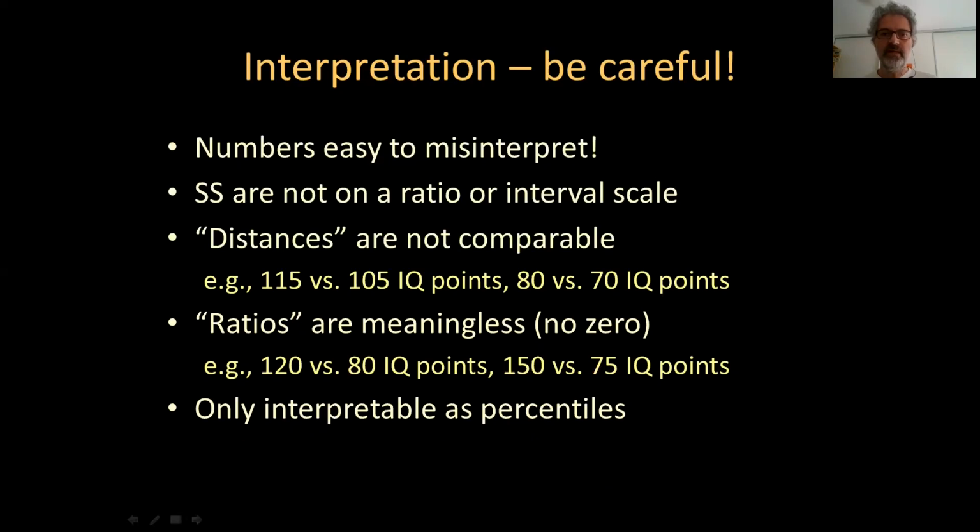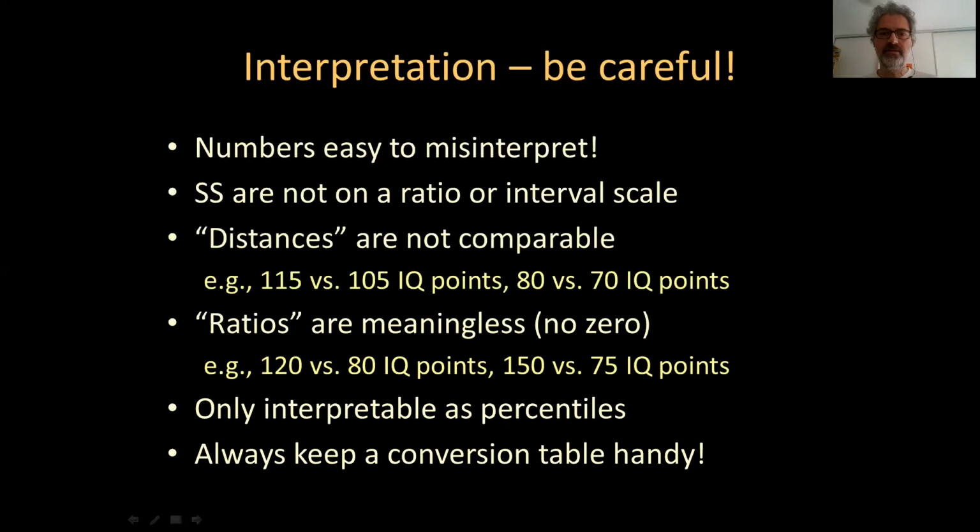The only valid interpretation of test scores is as percentiles. And that's why you always need to have a conversion table handy so that you can convert the scaled scores to z-scores or directly to percentiles and know what your test performance means in terms of the proportion of the population that does better or worse.